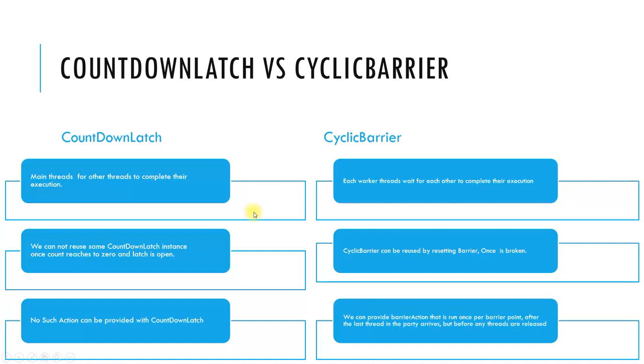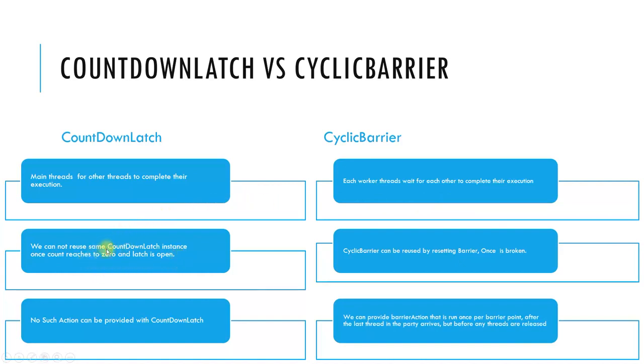CountDownLatch and CyclicBarrier are the same in many cases, but we have some differences. In CountDownLatch, the main thread waits for the threads to complete execution. In CyclicBarrier, each worker thread waits for the others to complete execution. So in the first case, with CountDownLatch, only the main thread waits; in CyclicBarrier, all threads wait.